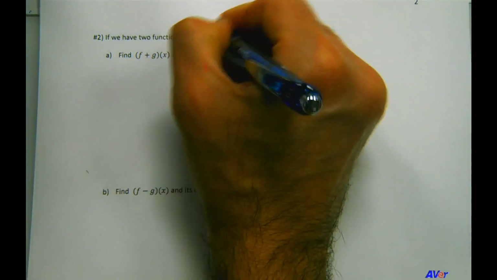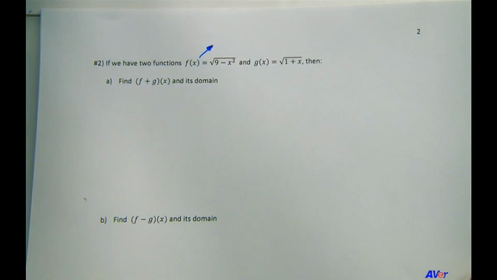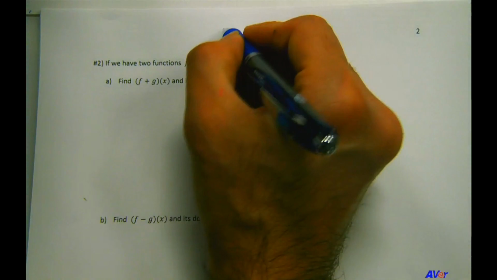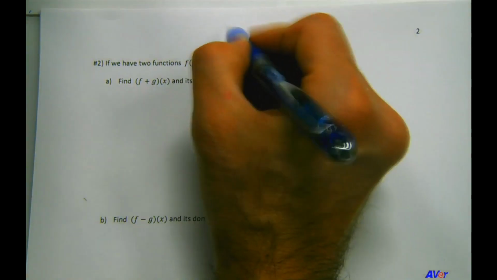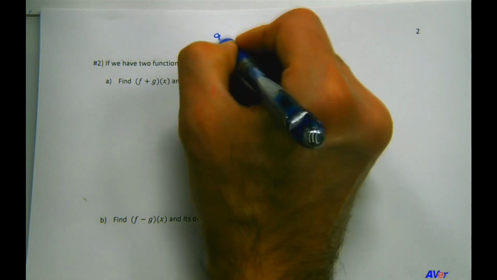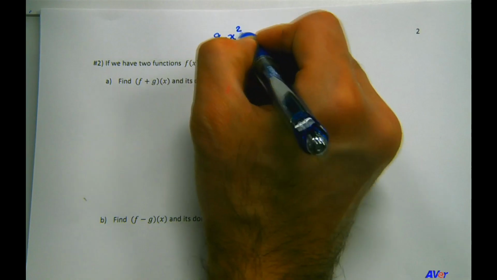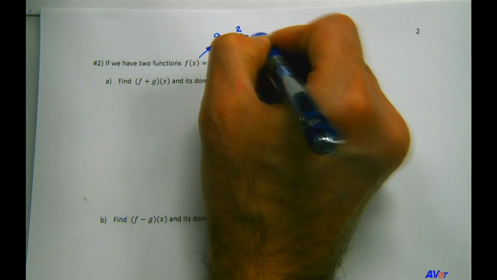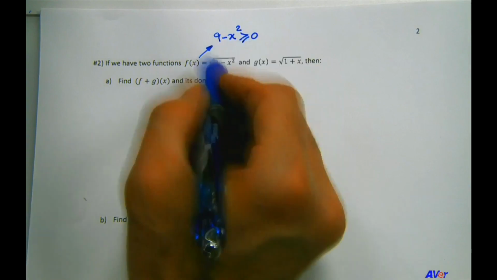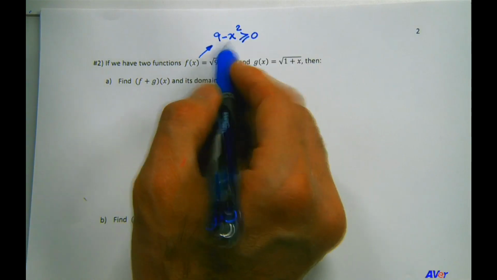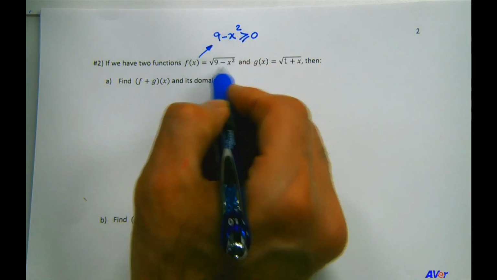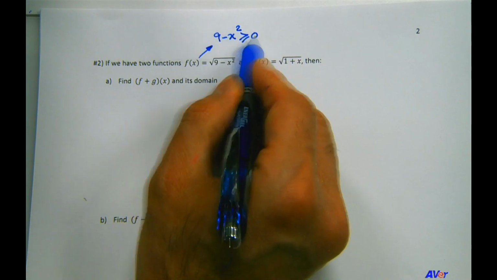For this one, and let me bring this down a little bit, for this one, the 9 minus x squared can be equal to or greater than 0, but cannot be negative, right? So that's our condition. 9 minus x squared must be either 0 or greater than 0.